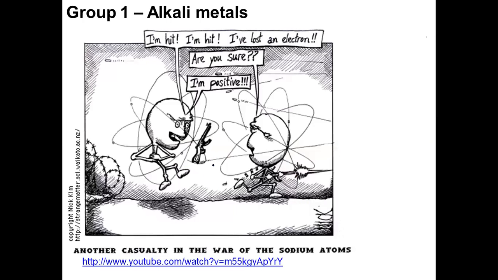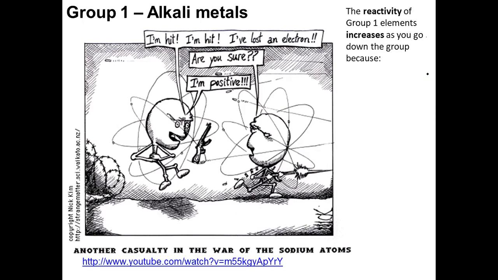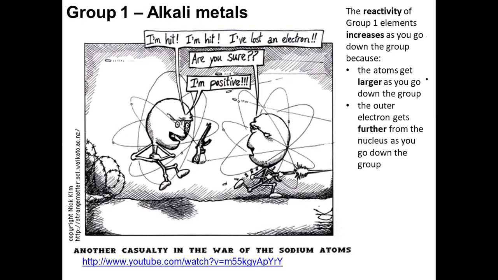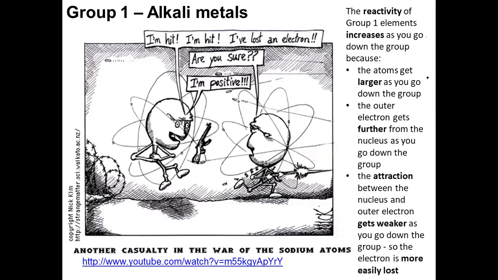Now, what happens to the reactivity of group 1 metals? It increases as you go down the group. Do you remember why? You pause and quickly jot down what you think the reasons are, and then let's check. As you go down the group, the atoms get larger, or you could say the atomic radius increases. So the outer electron gets further from the nucleus, so the distance increases.